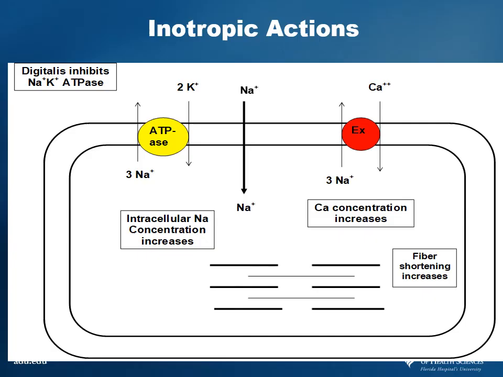But basically what this drug does at the baseline level is that it inhibits the sodium-potassium pump in the myocytes. Okay, so what does the sodium-potassium pump normally do? It pumps sodium out of the cell. It pumps potassium into the cell, right?